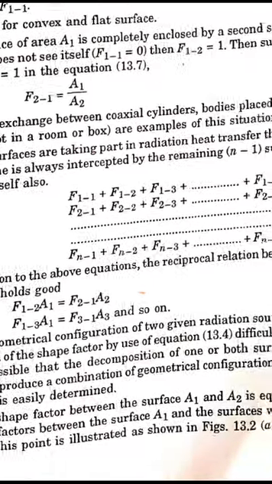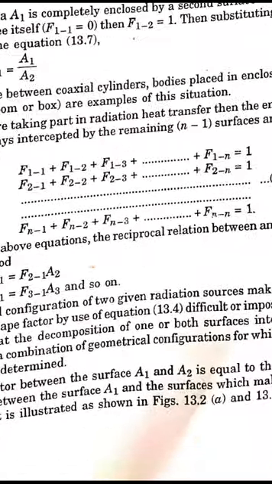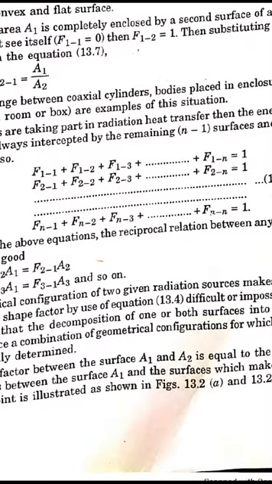Then if n bodies are participating in a radiation process, 1, 2, 3 up to n, every body has a shape factor with itself and also with the other bodies. The summation of the shape factor of a body with respect to itself plus its shape factors with the other bodies will be equal to 1.